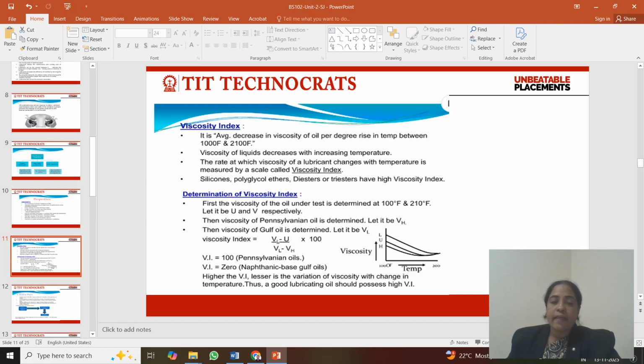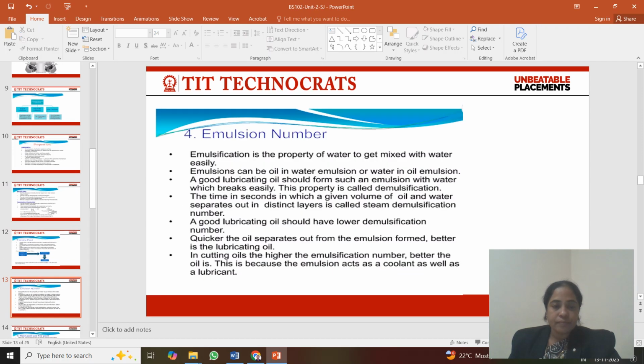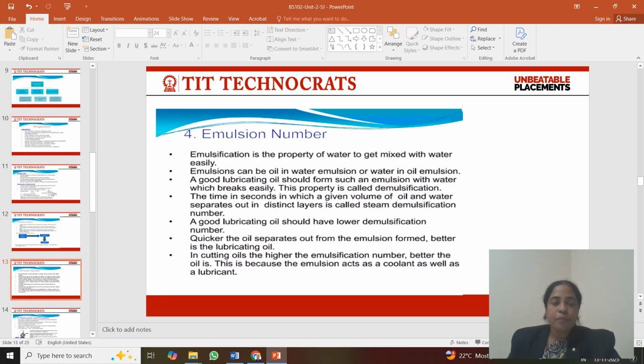That means Gulf oil is taken as a reference for the low viscous oil, and Pennsylvanian oil is taken as an example of high viscous oil. The viscosity index is a unitless property, while the unit of viscosity is either poise or centimeter per second.